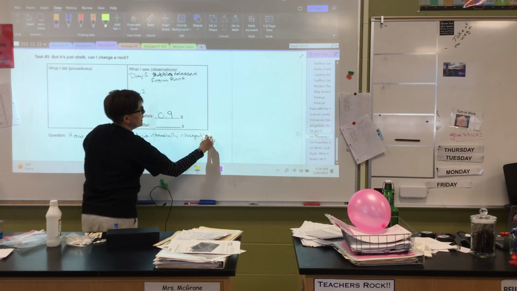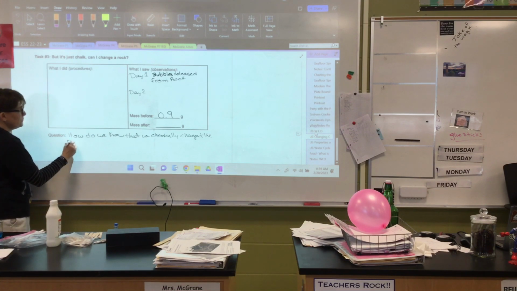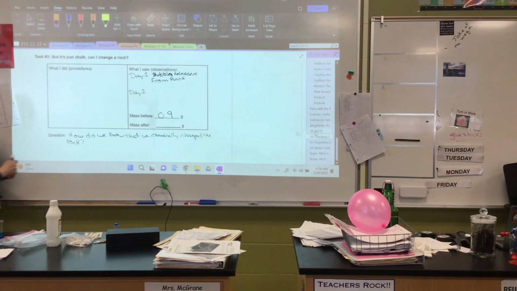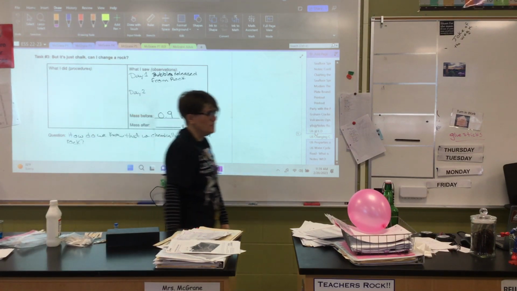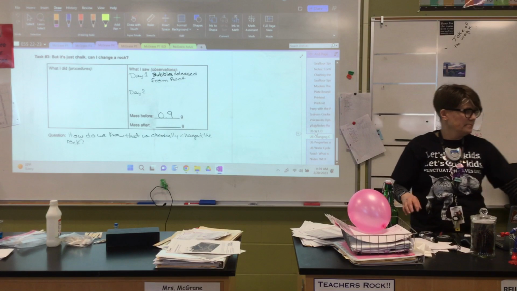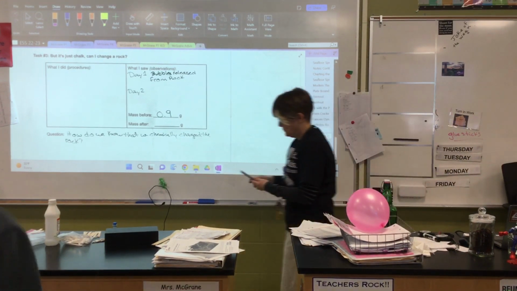How do you know that you chemically changed the rock? That there was actual chemical weathering happening? Okay, so that's what you are going to talk about as a group. Then go ahead, rinse out the glass, throw away the tape, throw away all the crusty stuff, and then head back to your table and we'll talk about the water lab. I don't think it'll take us any more than 5 minutes to do this, so I'm going to put 5 minutes on the clock, and your time starts now.